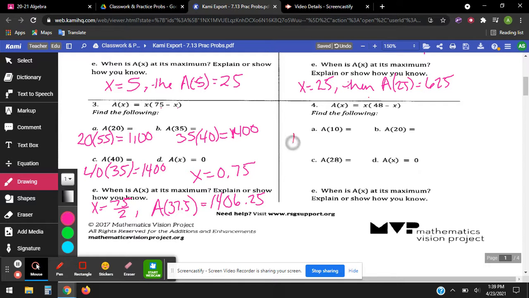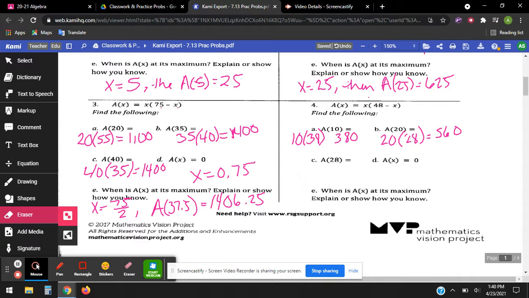Okay, A of 10. 10 times 48 minus 10 is 38. That's 380. A of 20. 20 times 48 minus 20 would be 28, equals 560. Like that. 28 times 48 minus 28 is 20.